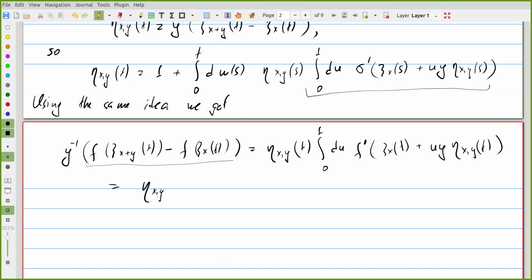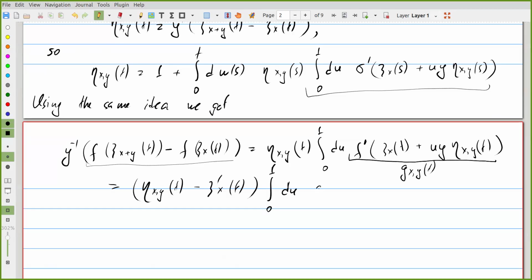And now we want to prepare our passing to the limit. I will add and subtract a number of terms. Let us denote these expressions g xy of t, plus sigma prime x of t. Here is the integral from 0 to 1 du, and it also depends on u.